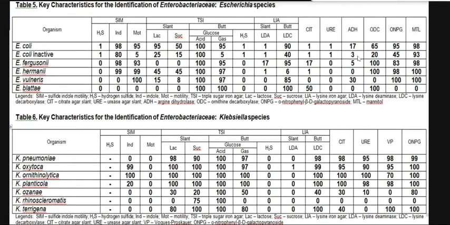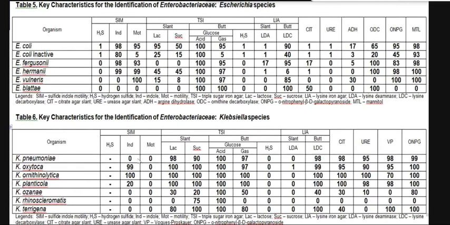Okay, so other than that, moving on with your Klebsiella species, as I said a while back, for colony morphology, they are usually mucoid. But there are some Klebsiella colonies that are not mucoid when they grow on your agars, particularly MacConkey agar, but most often than not, they are mucoid in nature.